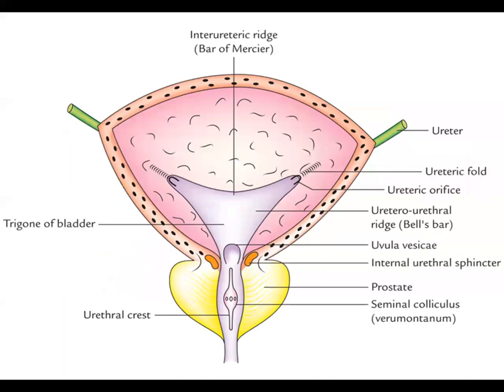So this is about the arterial supply and the venous drainage. The lymphatic drainage finally goes into the vesical lymph nodes and then into the lateral aortic group of lymph nodes.